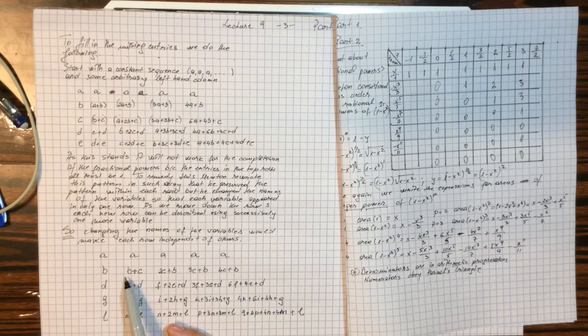For example, b only appears in this row, nowhere else. e appears only in this row and nowhere else. f appears only in this row, nowhere else, and so on.